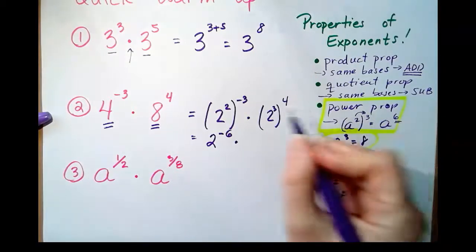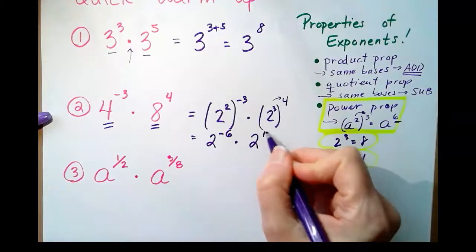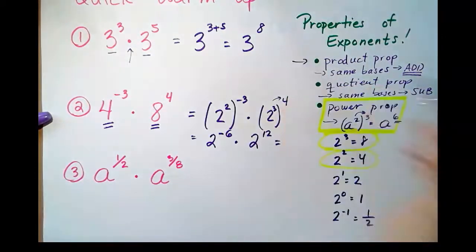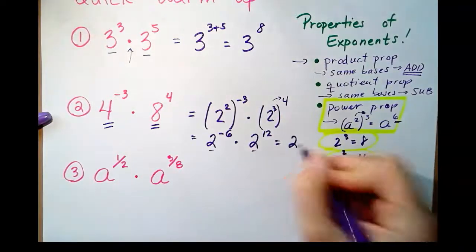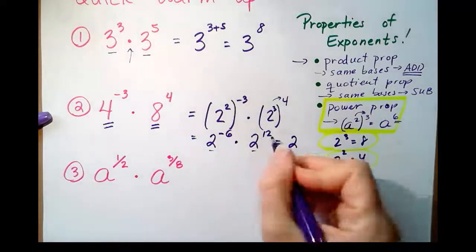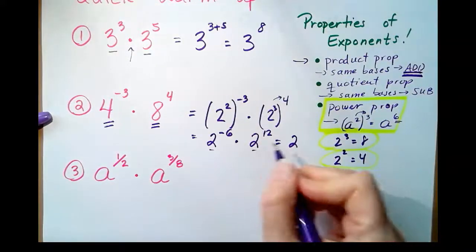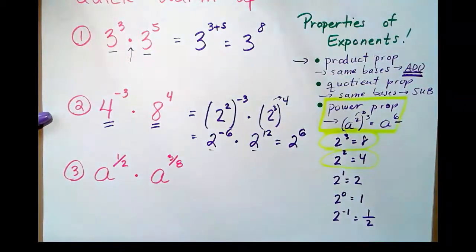Use the power property: 2 to the third to the fourth, multiply, and we get 2 to the 12th. Now we can finish this one off by utilizing our product property. I have the same base. I will keep that base, and all I need to do here is add the exponents. Negative 6 plus 12 is 6. And we can just leave it 2 to the 6th.